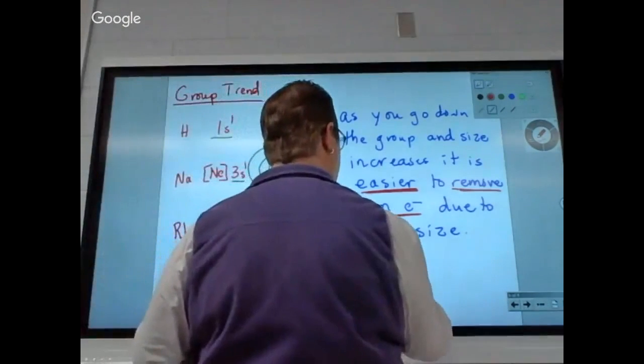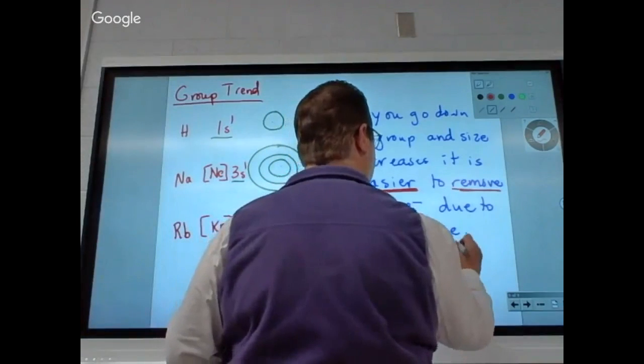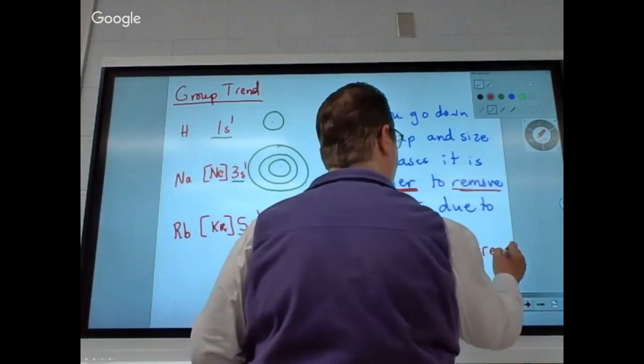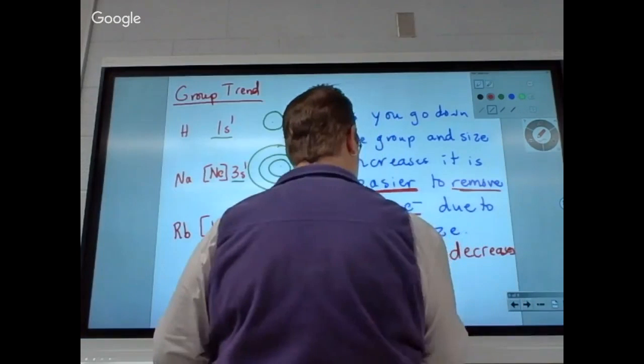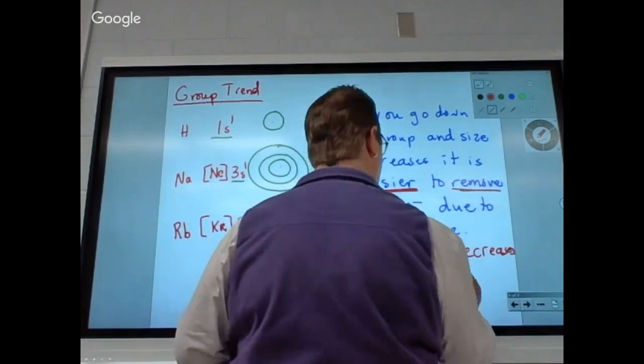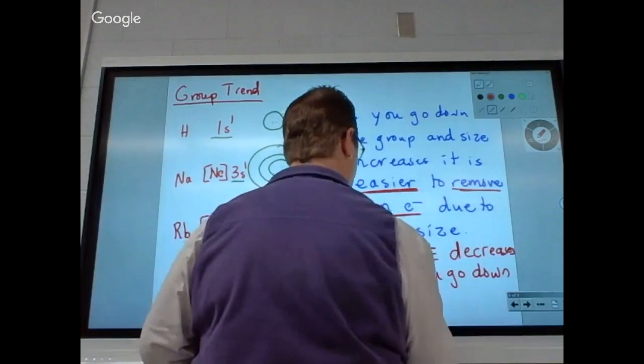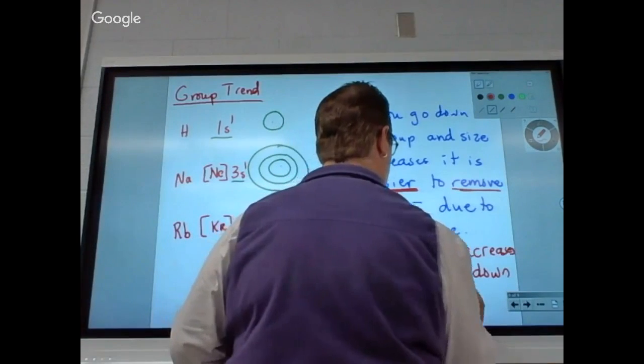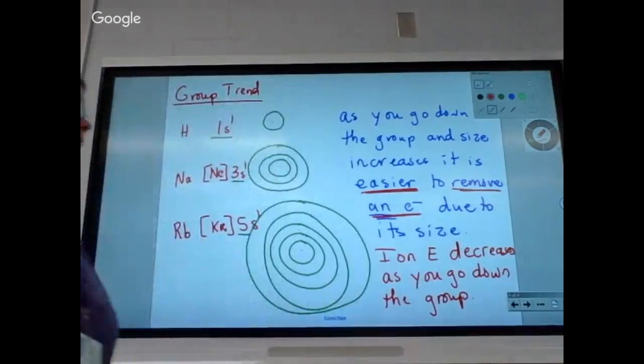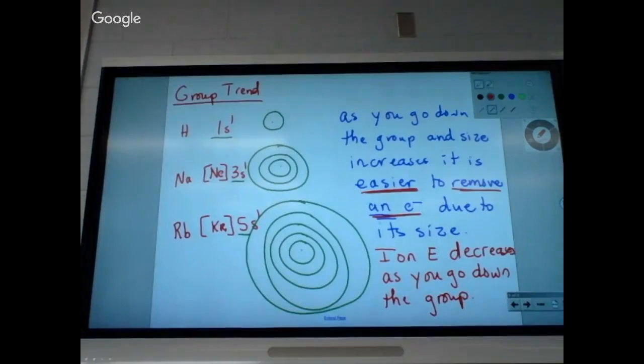So ionization energy decreases as you go down the group. Okay? Because it's easier to take one off, it's going to be less ionization energy. Okay? Because it's much easier to lose one.